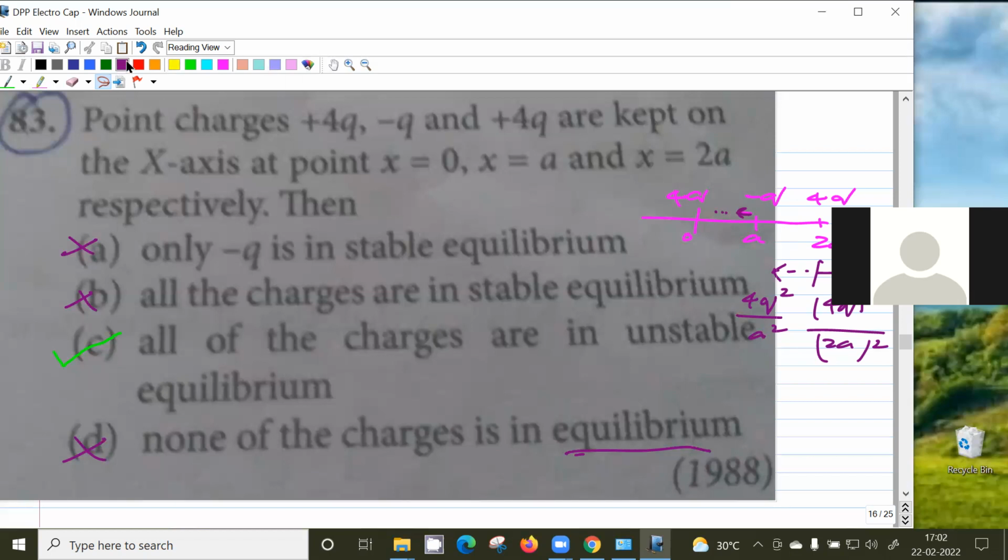They are not the same because this is the plot of force against the distance between them, and it's 1 by r square, no? So at a smaller distance, for the same delta r, the change in the force is different, because here the r is different and here the r is different.